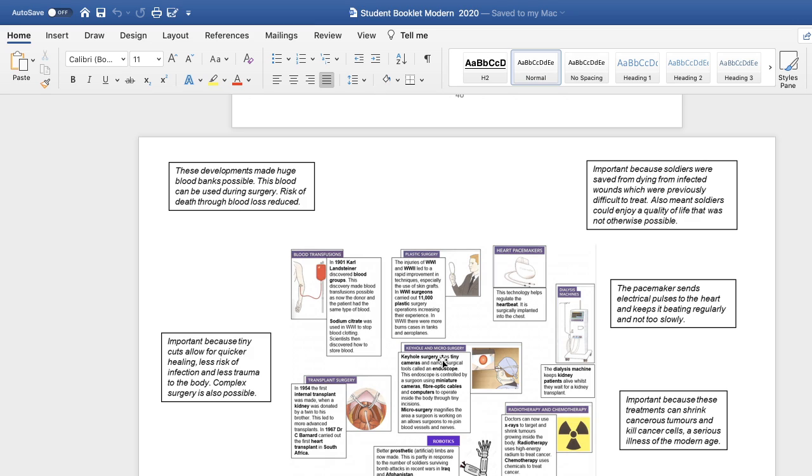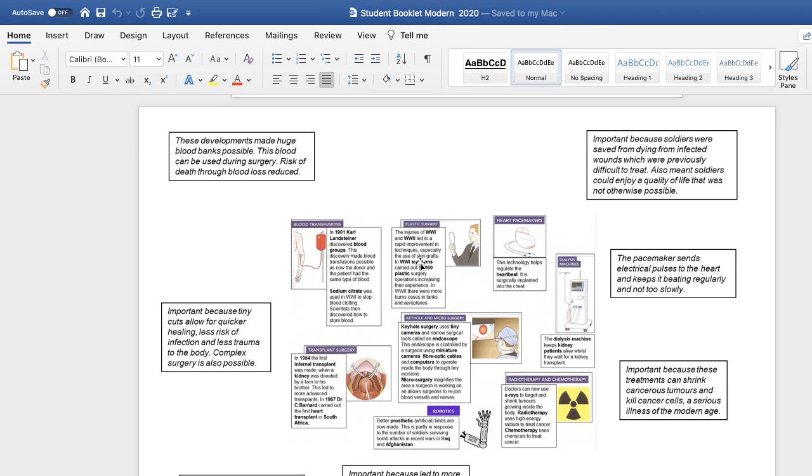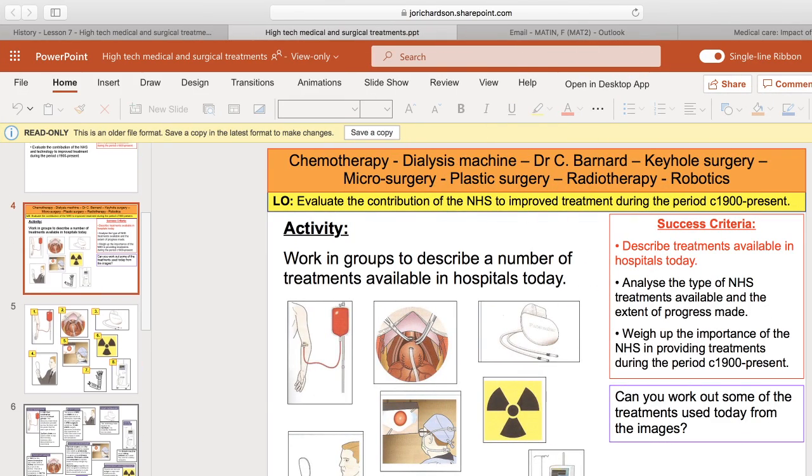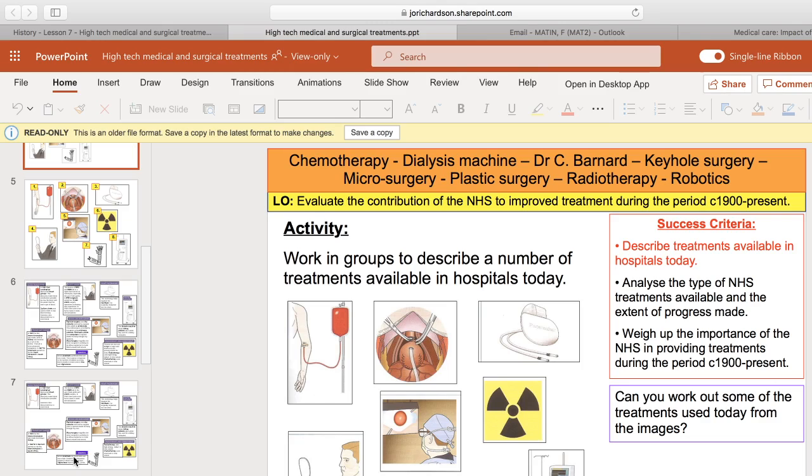So we have treatments that are in the middle, and then on the outside you have the impacts of those treatments. So what you have to do is literally just read through each treatment and then try to match it up to the impact that it had. So I'm just gonna show you on here just to make it a little bit easier for you.